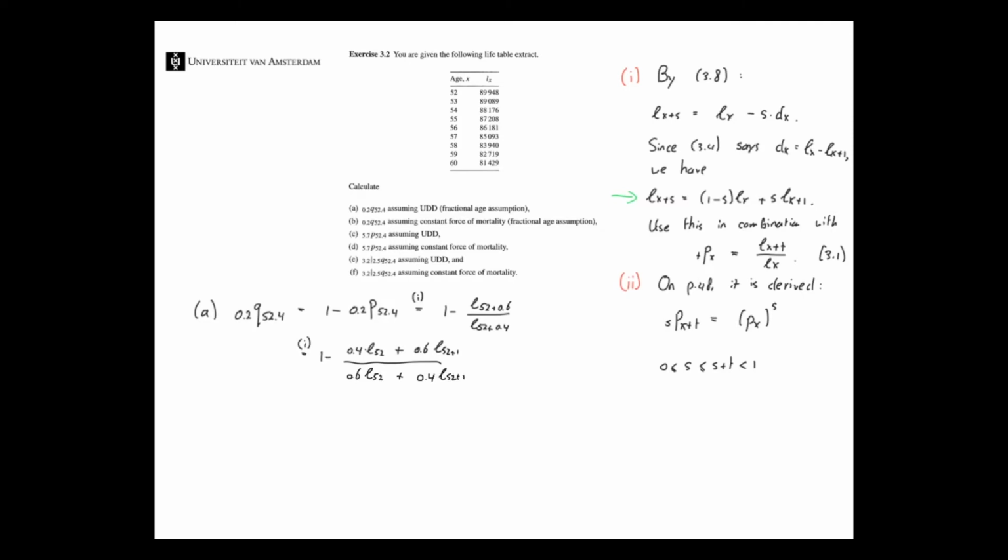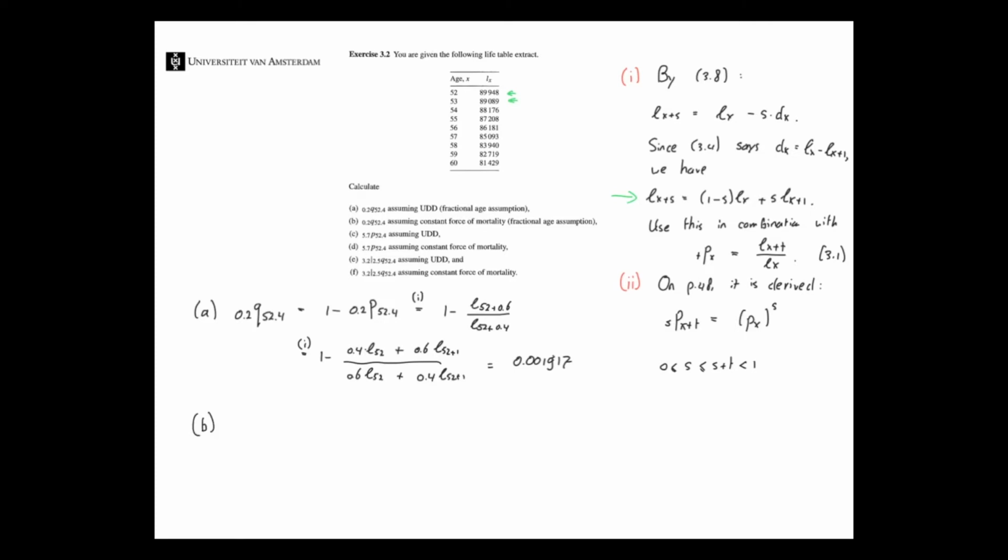Right? And now if we look at L52 and L53 in the life table here, and plug in the numbers, you should get 0.01917. I will skip those details here because it's just a matter of plugging in and putting it in your calculator. Now this is the way to do it using the UDD, the uniform distribution of death.